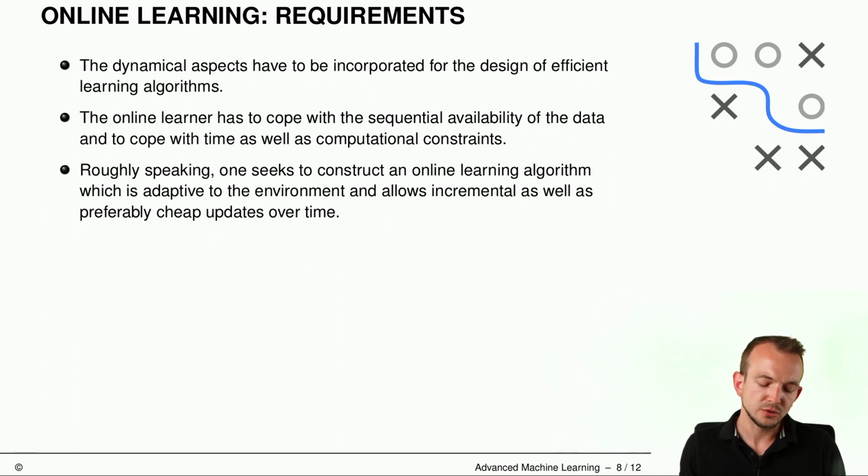And in order to make online learning work, we have a couple of requirements. We have to think of how we can specify a good online learning algorithm. And obviously we have to take these dynamical aspects into account when we design an online learning algorithm.